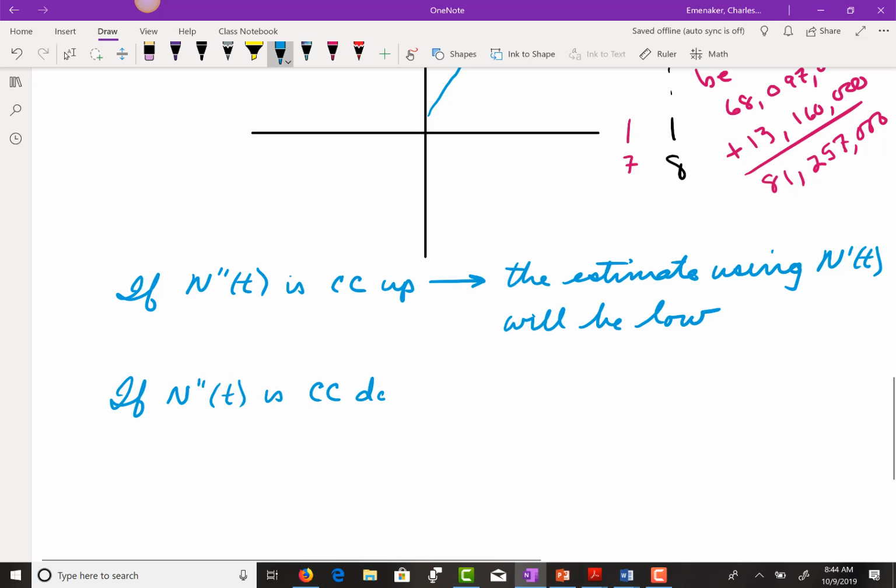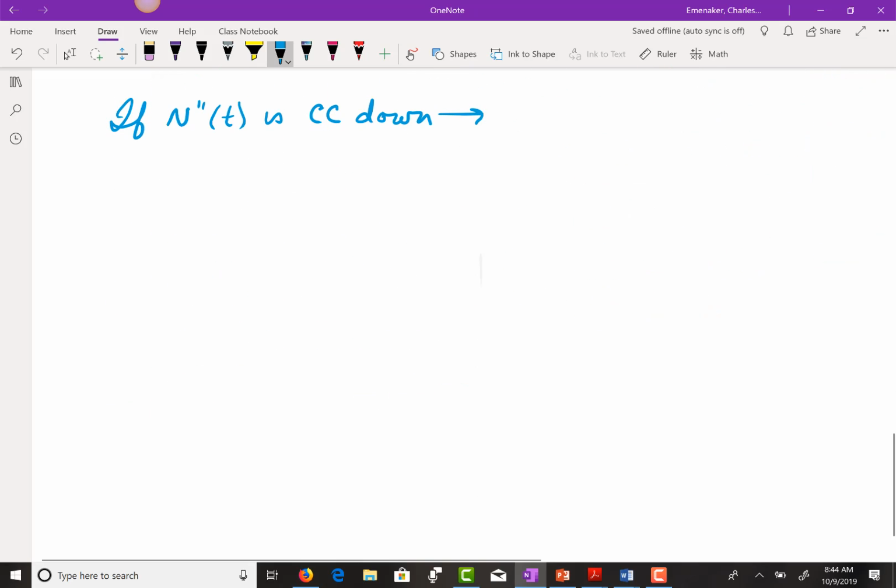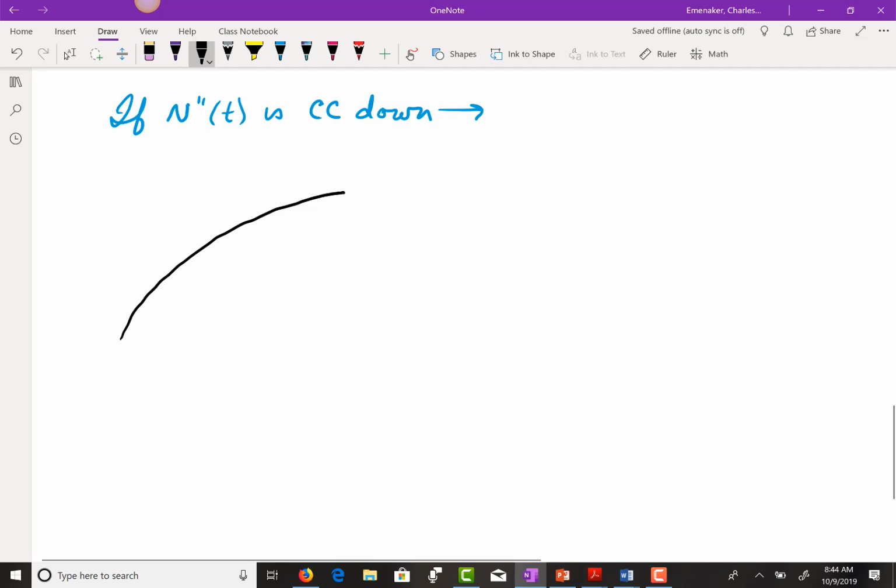Well, I guess it can be concave down. Let's think about what concave down would look like. Concave down is going to do something like that, isn't it? That's concave down. When you do the tangent line at some point, you're going to do something like this. Then, when you make your projection for the next year, you're projecting you're going to be up here, when in reality you are there.